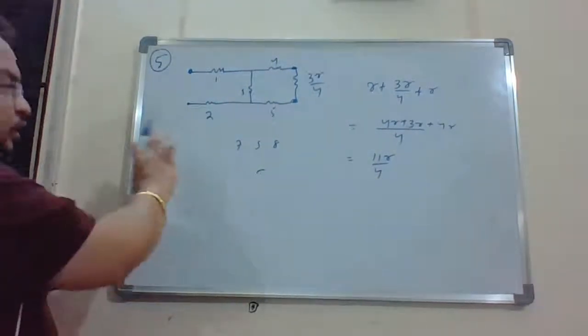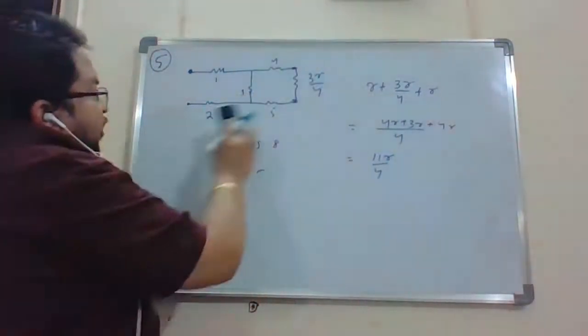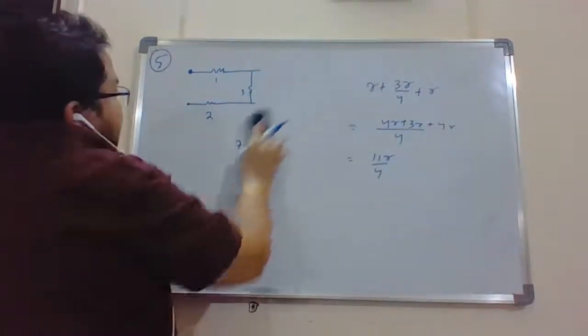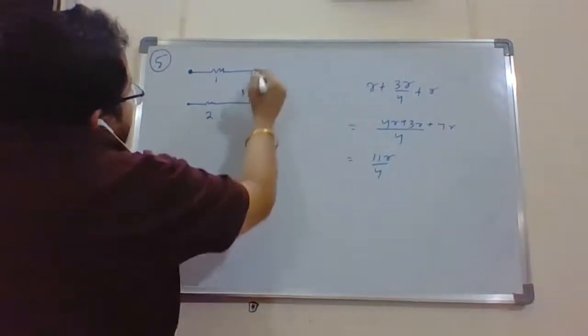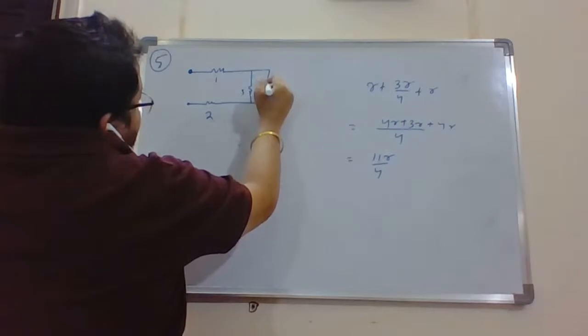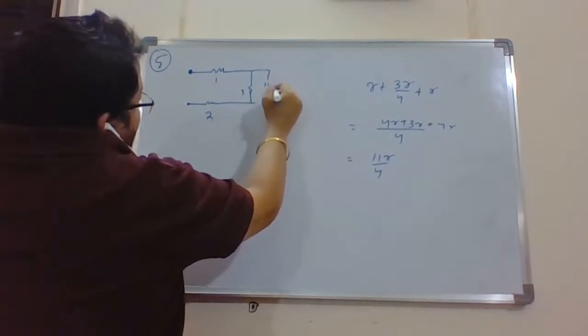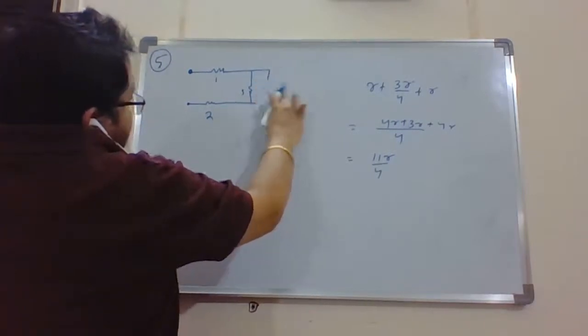Okay. Now, which means I can remove all these and just put a resistor of 11 by 4 R in this place.